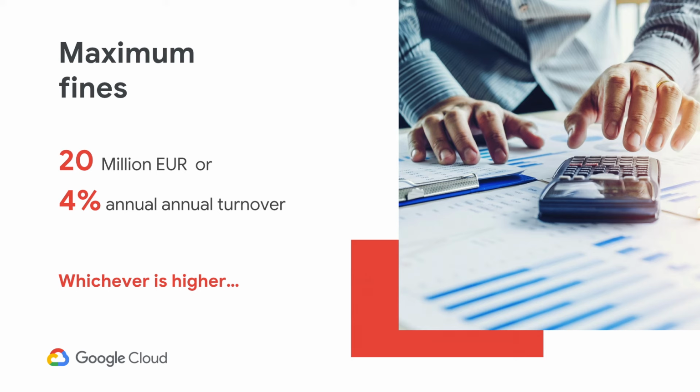And the GDPR also gives a detailed list of the deciding factors the data protection authorities that can impose these fines look into. Things that can be relevant include the type of data that was in scope for the infringement. These are sensitive personal data, for example.